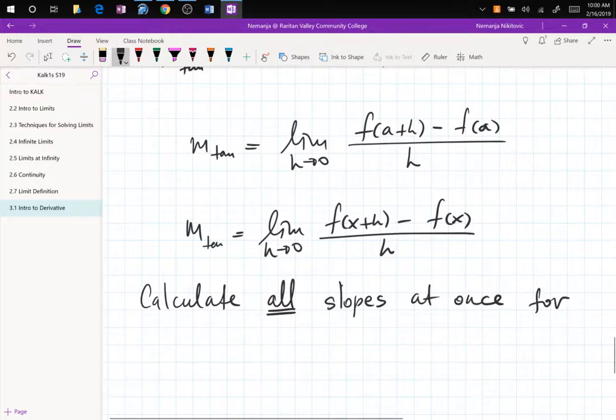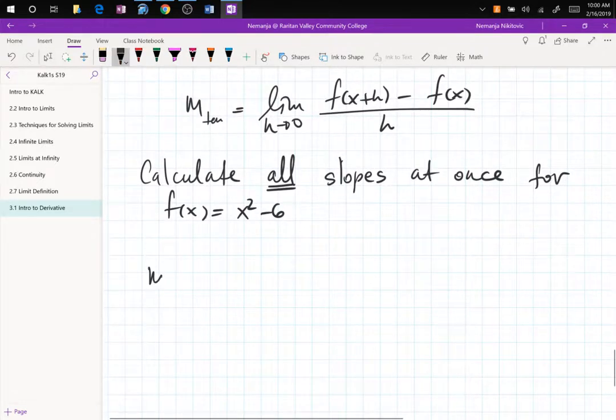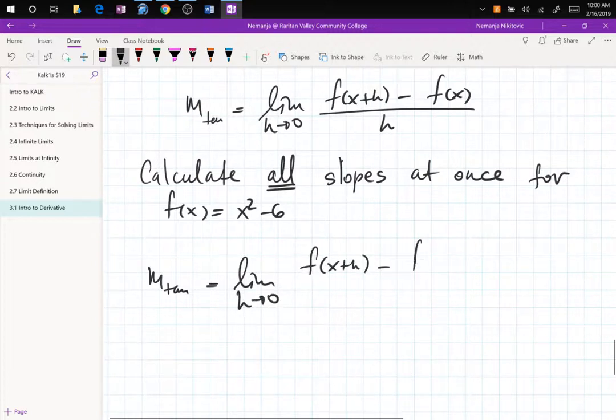for f of x equals x squared minus 6. So now m tangent is equal to the limit h goes to 0, and I have my f of x plus h minus f of x over h, and we just run the calculation we are familiar with from before.